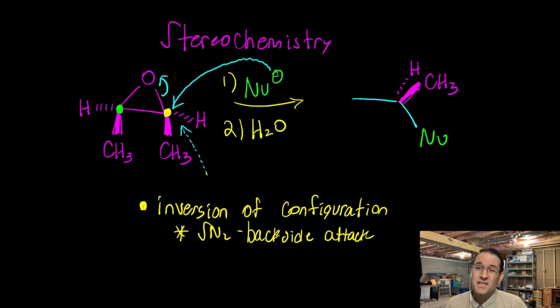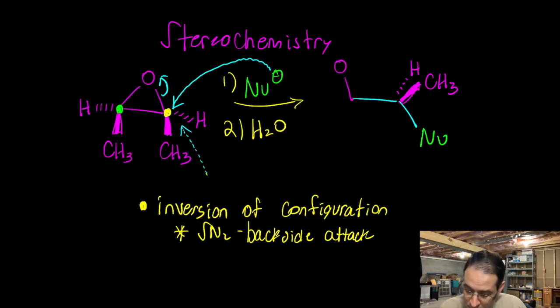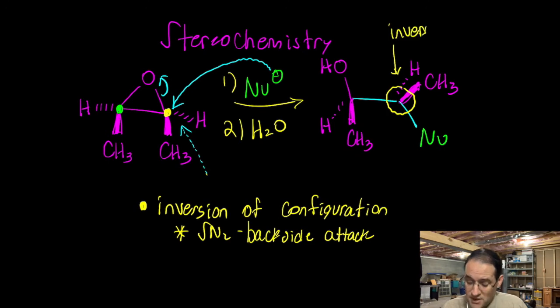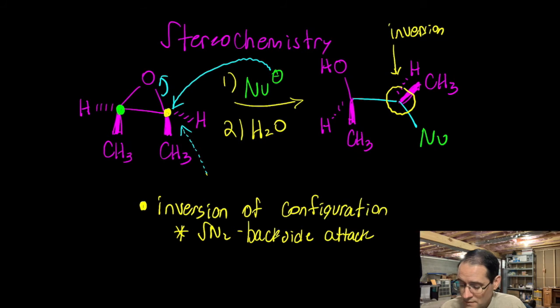The left stereogenic center, which we'll dot here with the green, does not invert its stereochemical configuration because there are no bonds being broken or formed to that green dotted carbon. So the OH is still going to be on top of that carbon, the methyl group is still on a wedge, and the hydrogen is still on a dash. The key thing here is that we have inversion on the right stereogenic center that's being attacked, but on the green dot it's being retained.